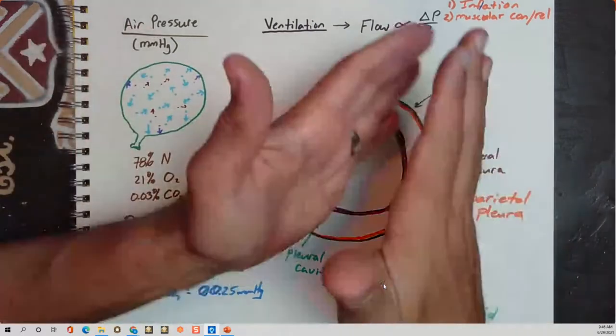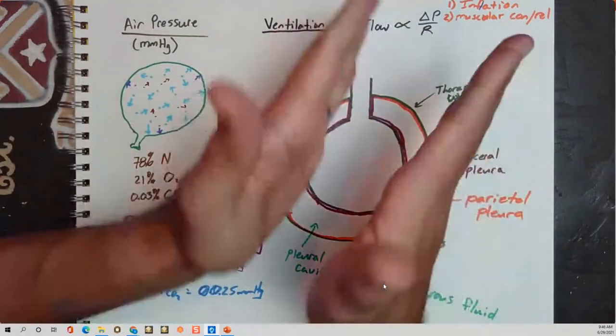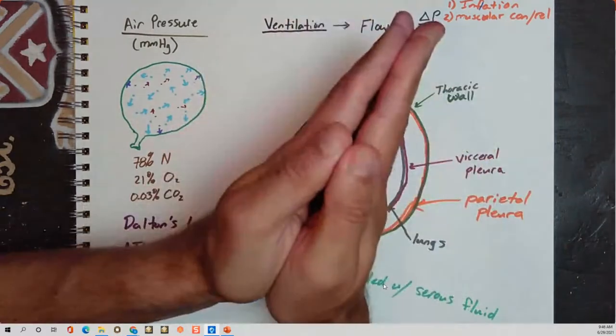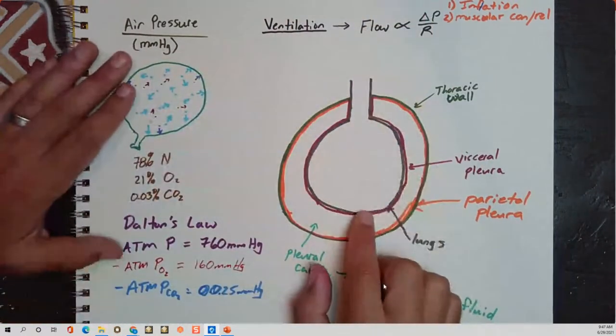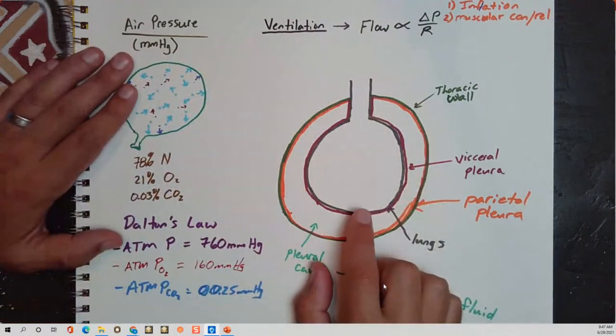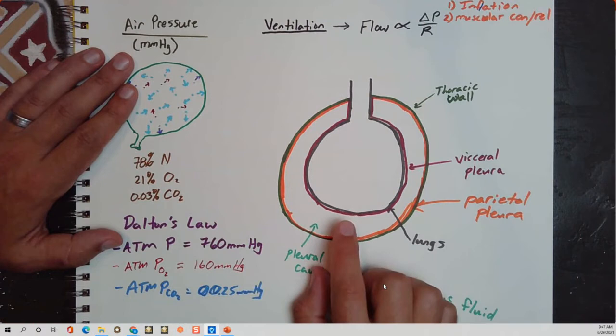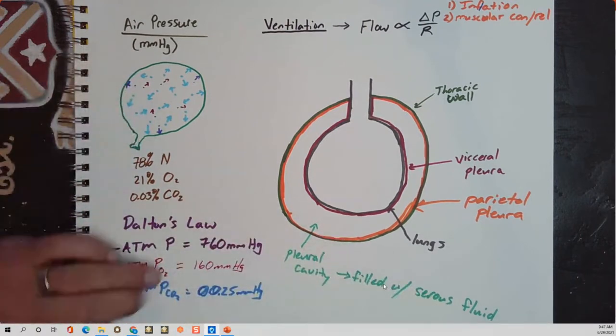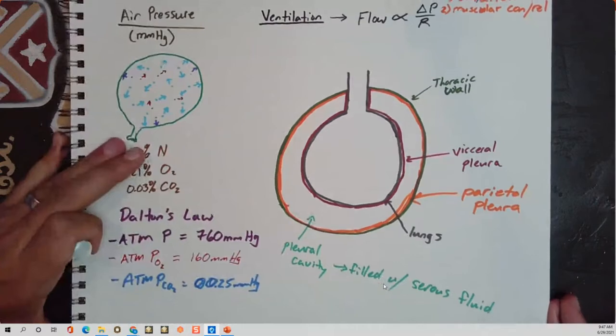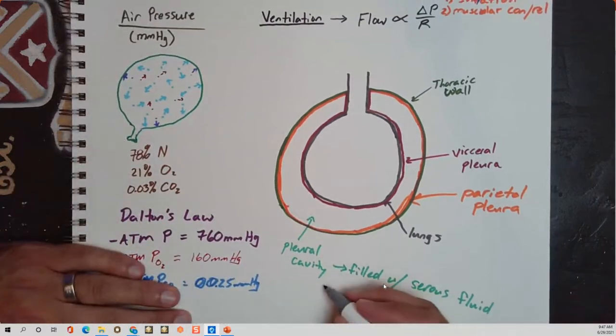And as I've taught you earlier this semester, two membranes with fluid in between will stick to one another. That's going to be one of the starts to how this lung stays inflated. Because there's fluid here in that pleural cavity, this creates surface tension.